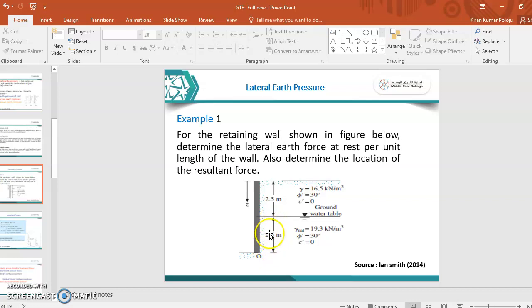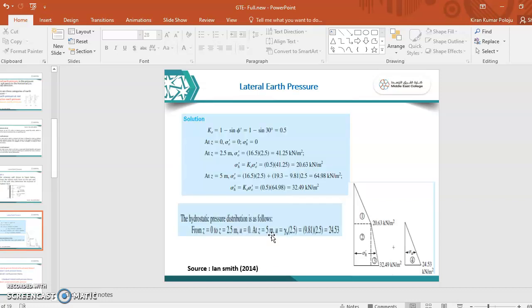If it is 3 meters here, then it is multiplied by 3 meters. So at z equal to 5 meters, 16.5 multiplied by 2.5 plus 19.3 minus 9.81, where 9.81 is the unit weight of water, multiplied with height 2.5 gives you 64.98, and multiplied with K0, 0.5, gives you 32.49.